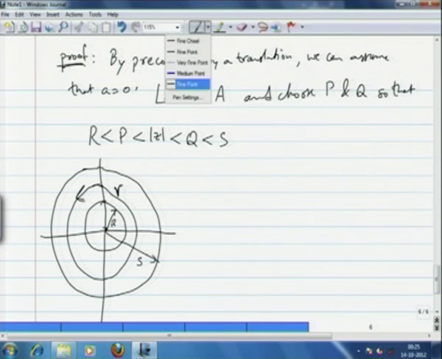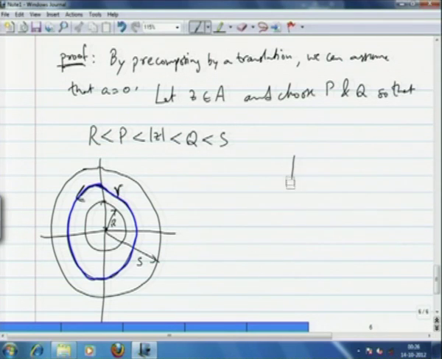Maybe we will use color. So, it is your gamma. Now, your choice of P and Q are such that I will not draw the coordinate axis, so that there is less clutter. Okay. So, here is your R, circle of radius R, here is a circle of radius P around origin.